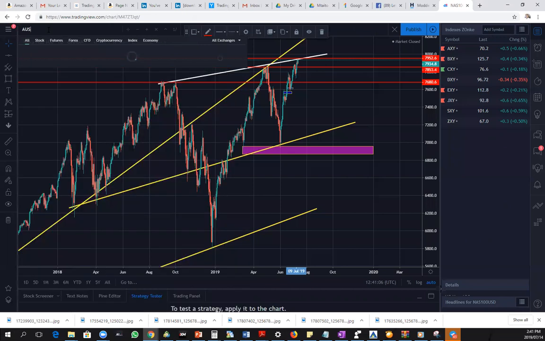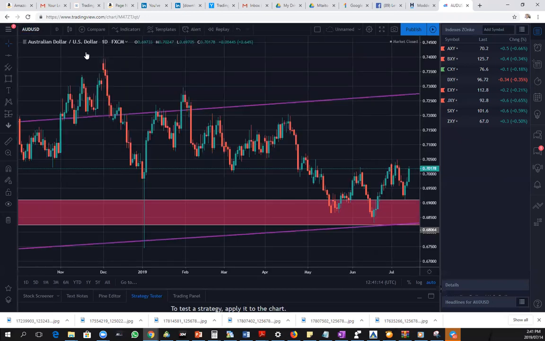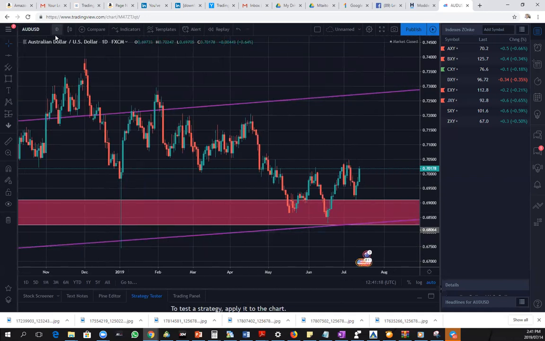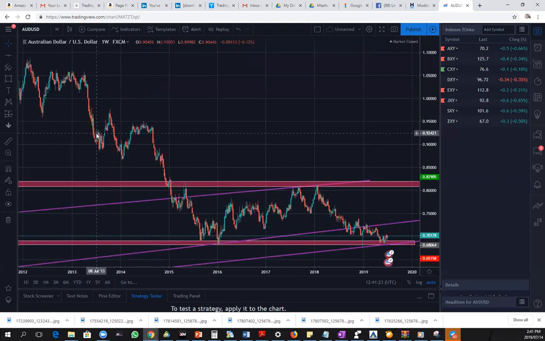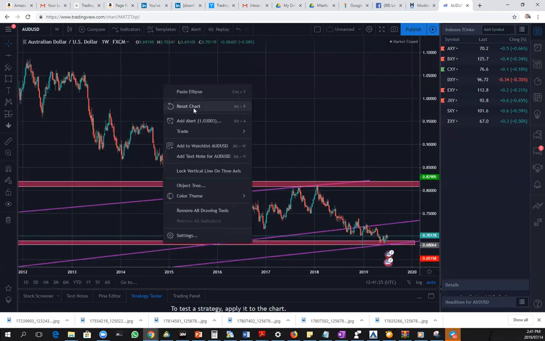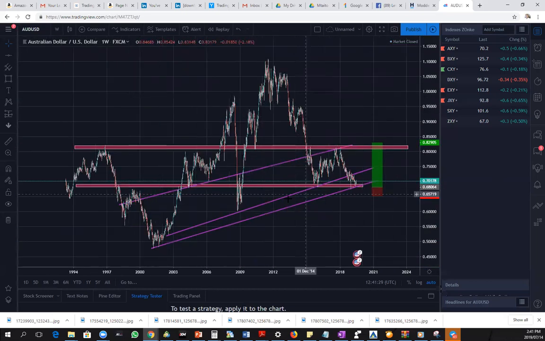AUD/USD. Like here, I would have analyzed on a bigger time frame, AUD/USD. Reset chart. I'm looking for buy.